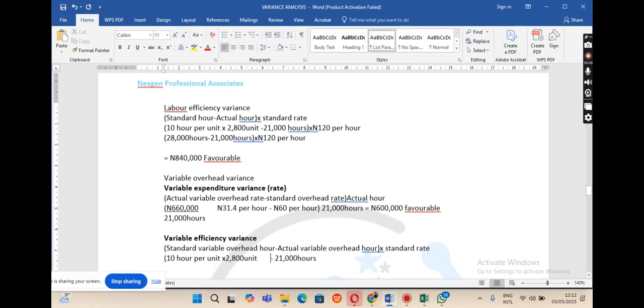So, what is the standard rate for variable overhead? The variable overhead standard rate is 60 naira per hour.